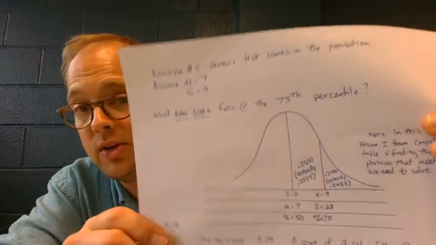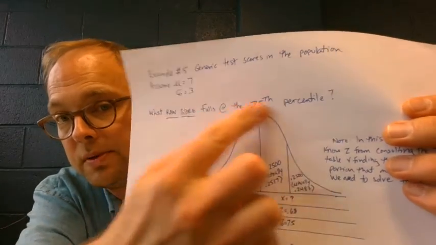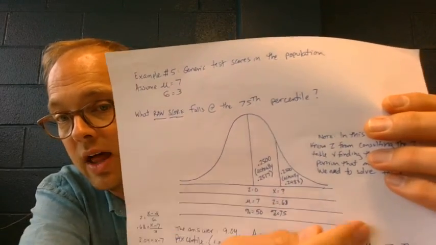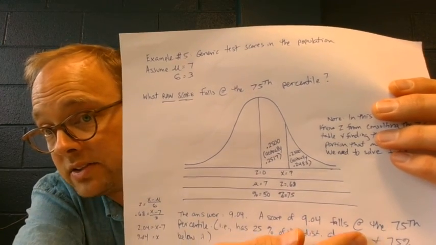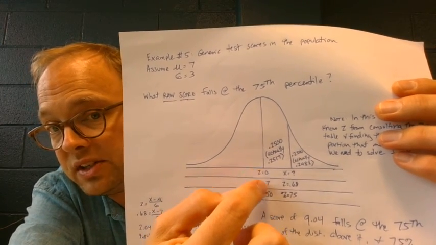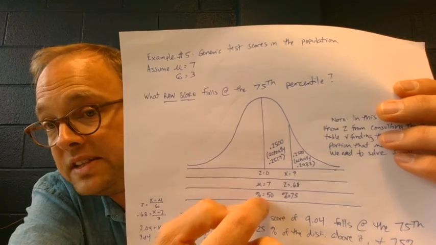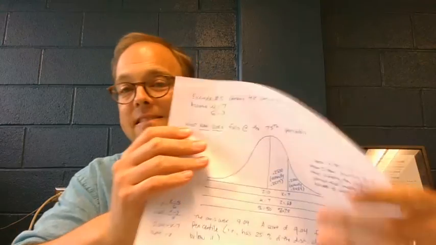Let's go back to the question. But again, before we do that: normal probability distribution, 3 lines under the abscissa, z of 0, mean of 7, 50th percentile. What raw score falls at the 75th percentile? Well, what does the 75th percentile mean?